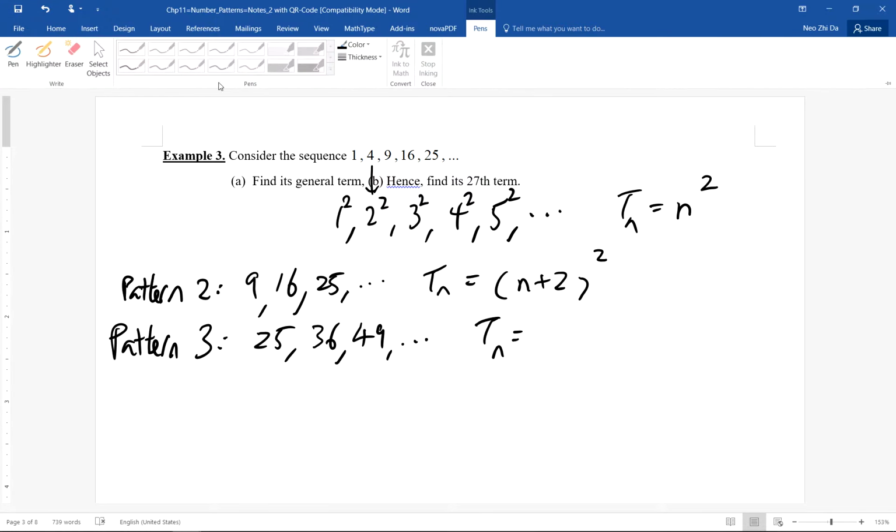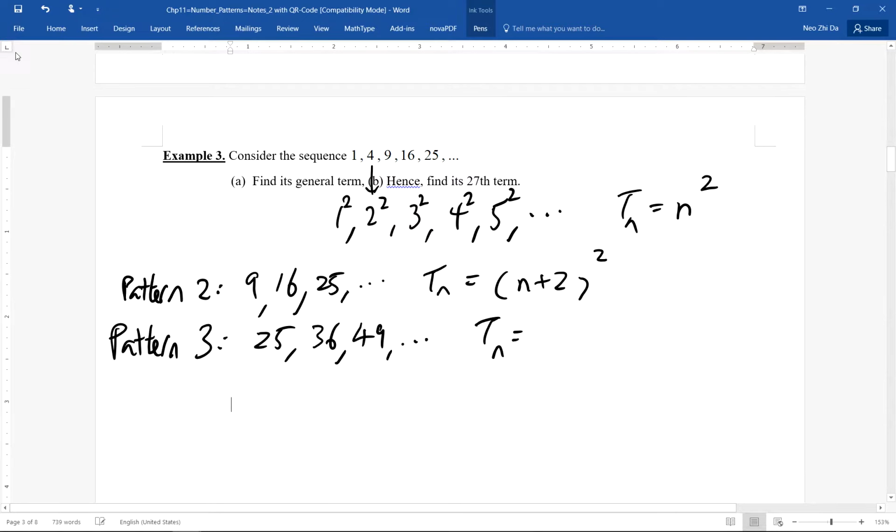Now instead of starting with 1, where do you start? You start with 25 here. So how many terms did you skip? 1 term, 2 terms, 3 terms, 4 terms. You skip 4 terms already. So what must your answer be? The number of terms you skip, you add in.